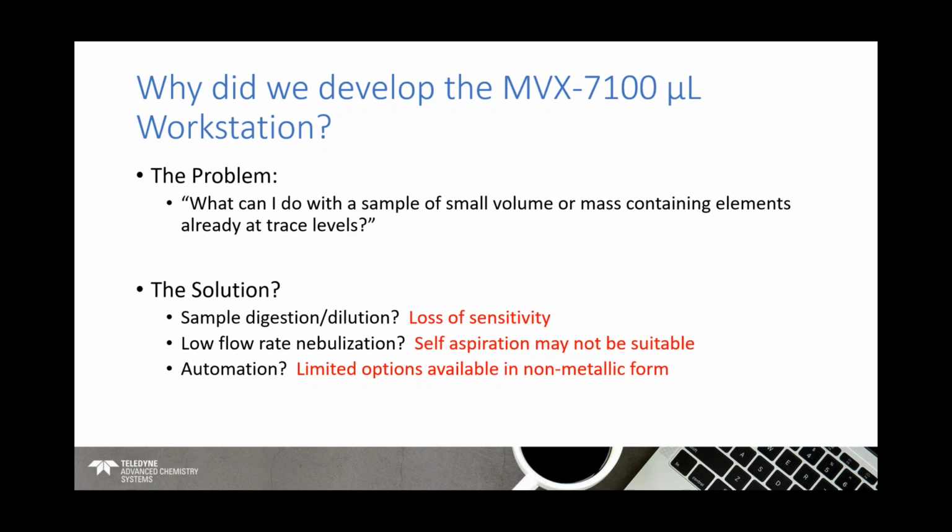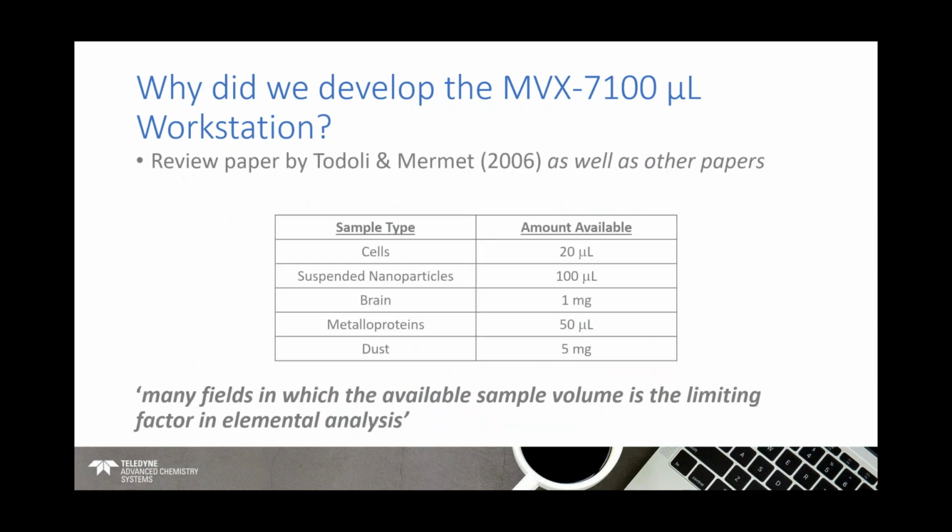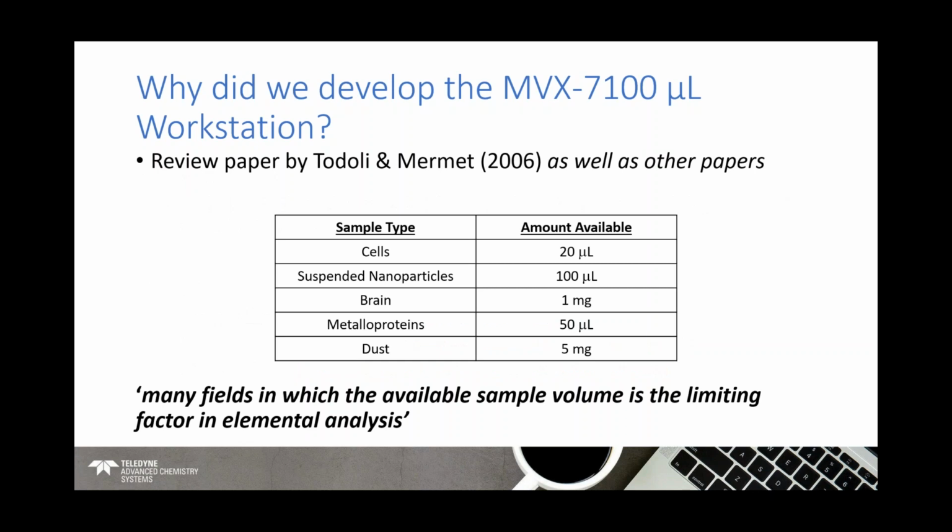So this problem we kept hearing fairly regularly at conferences, talking to customers, etc. And it wasn't just there, it was in the literature as well. The point kept coming up. Just to give you an example, there's a review paper by Teledyne and Mermet from 2006, as well as other publications, which focus on certain sample sizes, sample volumes, sample masses, which might be challenging to analyze with ICP-MS.